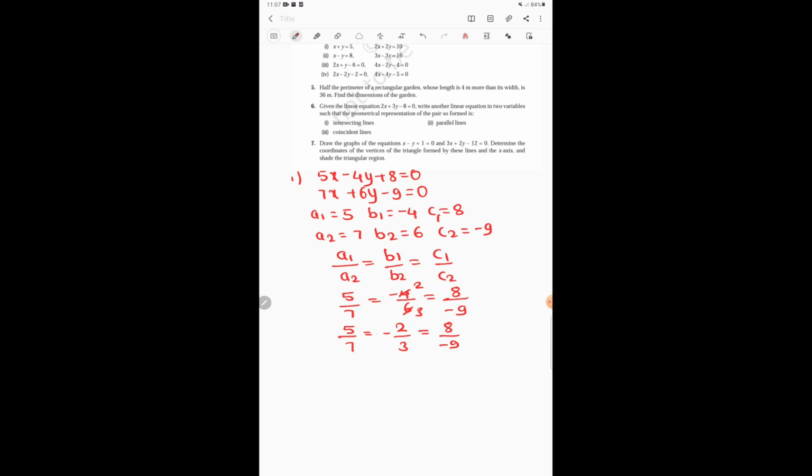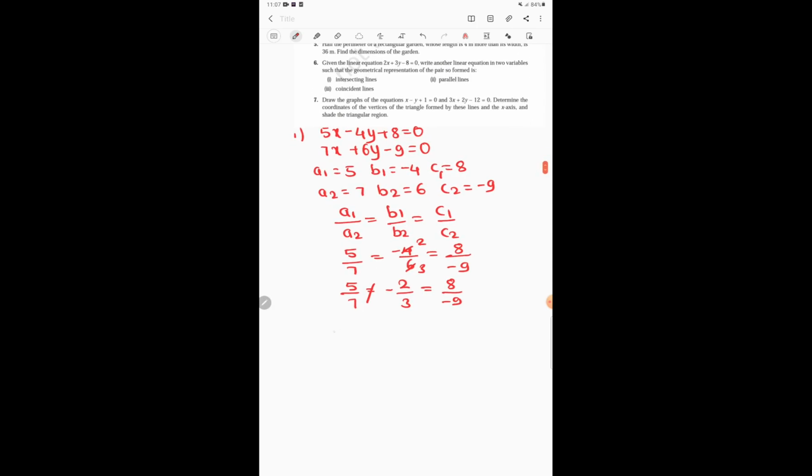If you see that the first ratio and second ratio are not equal, you have to stop there. First check whether the first and second are equal; if they are equal, then continue to the third ratio. Here 5 by 7 is not equal to minus 2 by 3, which means A1 upon A2 is not equal to B1 upon B2.